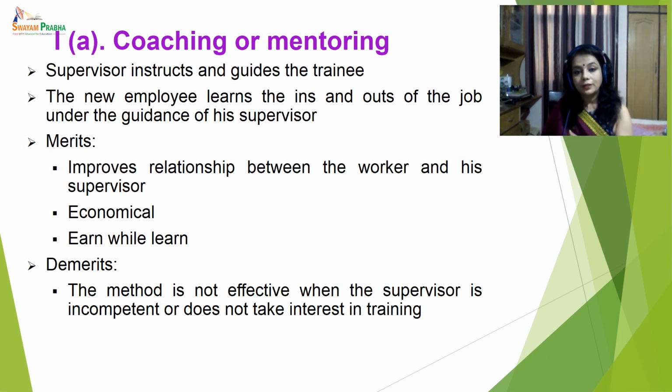If the supervisor is doing it in an incorrect way, the trainee will also learn that wrong way of doing the work. Because remember, the supervisor after all is not the trainer. He is a regular employee of the organization, concerned with his task. So if he is not the correct person to coach the trainee, the whole process will go waste.